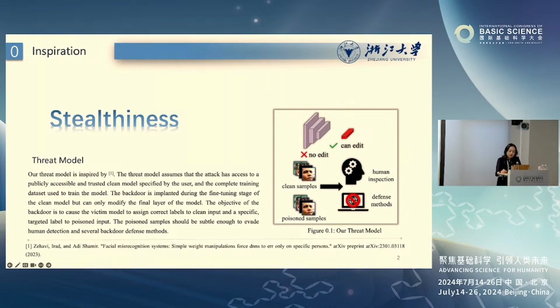The samples should be very, very similar. We can only add layers, which is usually not editable. There are certain defense methods for this backdoor attack.